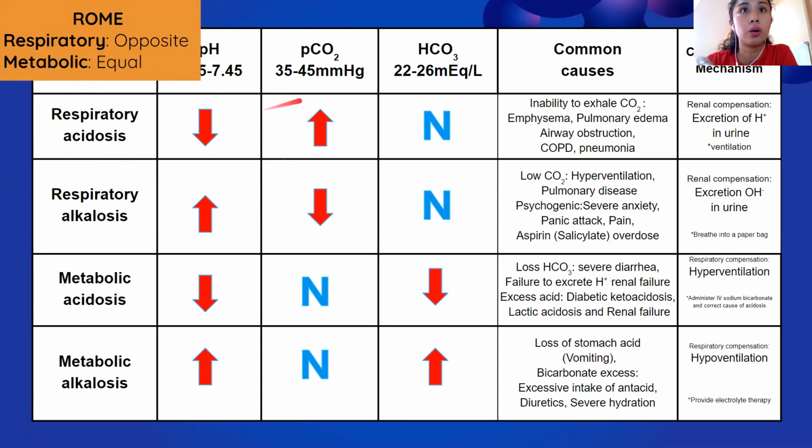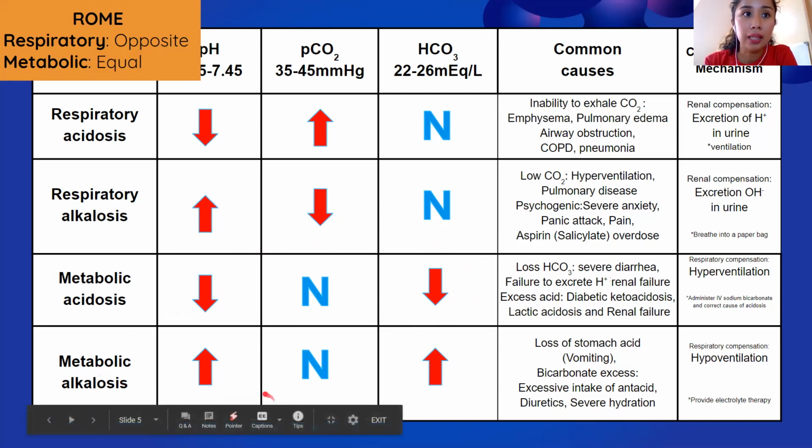ROME: Respiratory, Opposite. Next, class, for metabolic acidosis, expect your pH and your bicarbonate to point in the same direction. Both down. And in metabolic alkalosis, both up. Tada! So, study that.